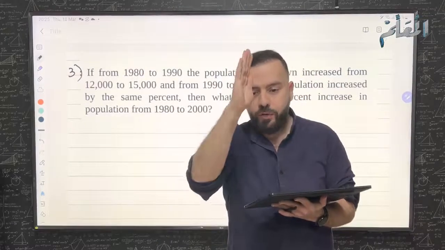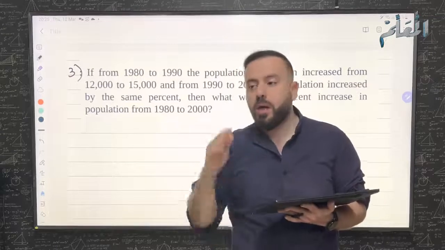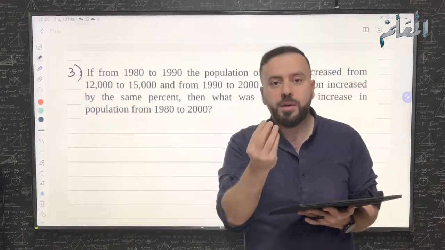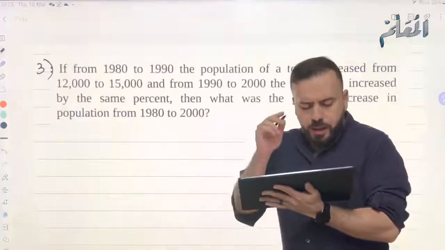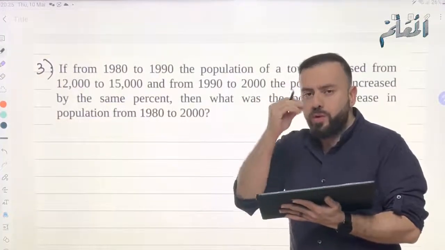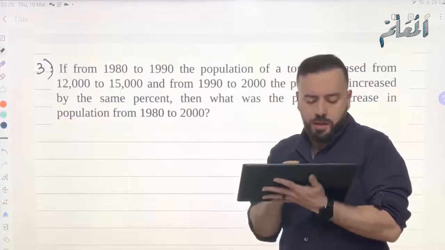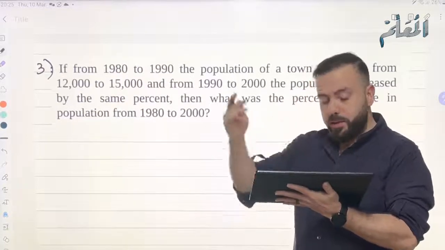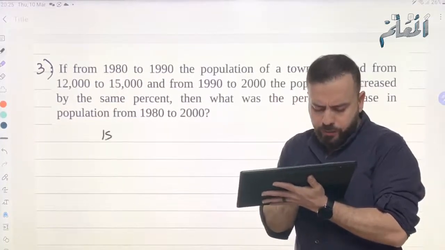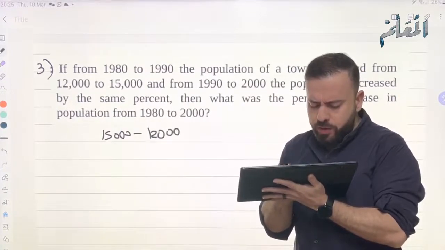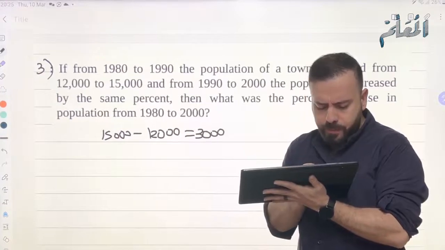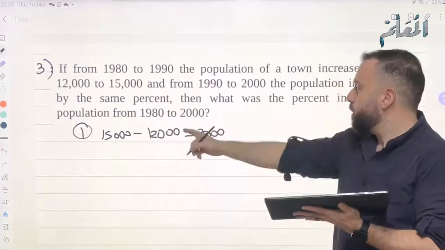First step, I need to understand what percent I'm talking about here. If I want to know the percentage increase, that's going to be 15,000 minus 12,000, which is equal to 3,000. That's step 1.